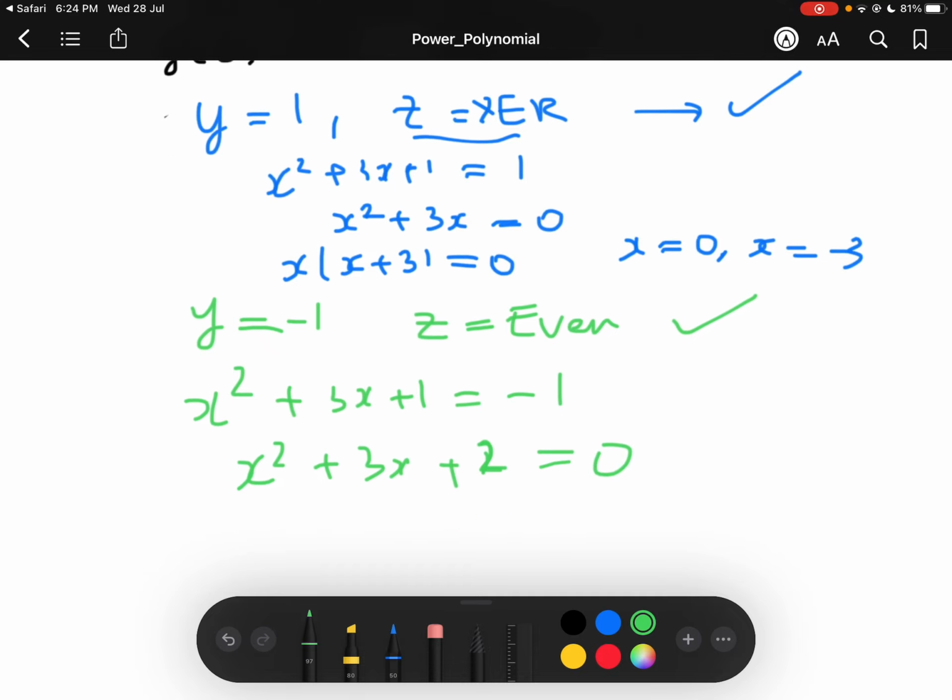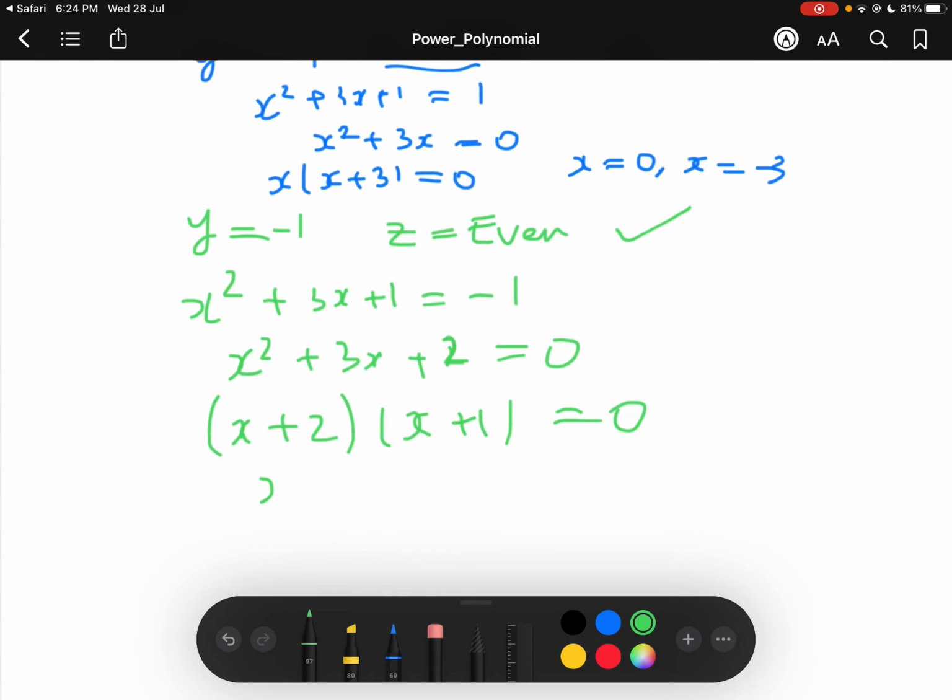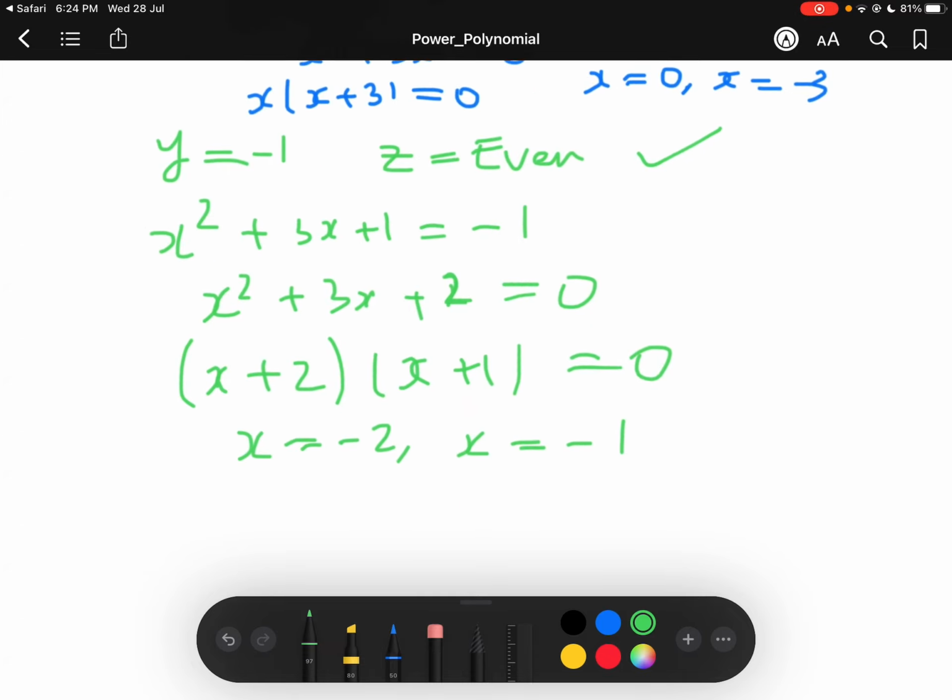If we factor this out, we'll get (x + 2)(x + 1). So x = −2 and x = −1 satisfy this equation. And now we need to test that z is even. If z is odd, then our solution is not satisfied because our result is −1, not positive 1. So we want to check if z is even.